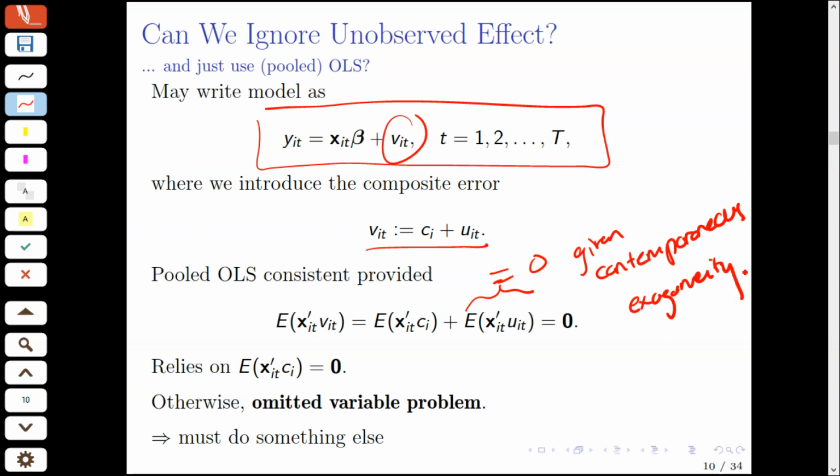Hence, in order for pooled OLS to be consistent, we require at least that the individual effect is also uncorrelated with the regressors in time period t for all time periods. Whether or not we're willing to make this assumption depends on the case, but usually we would be worried here about the omitted variable problem, and we would have to do something else. That is, pooled OLS is not necessarily a good idea.